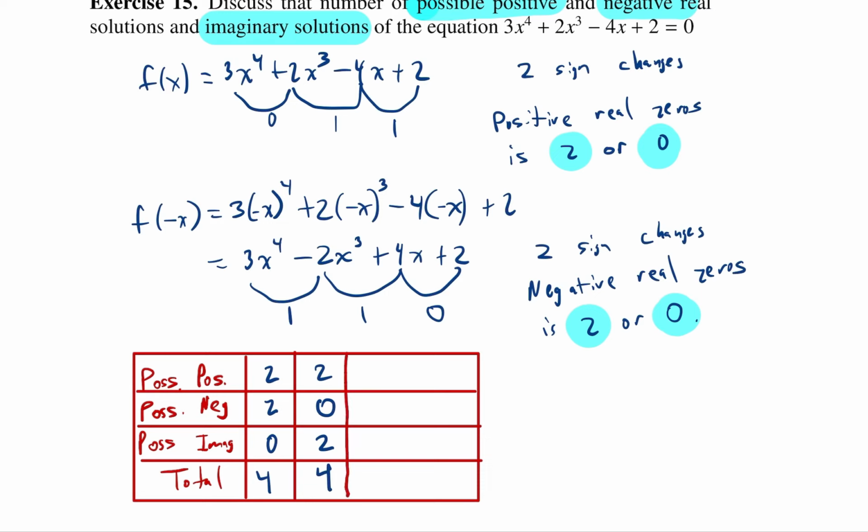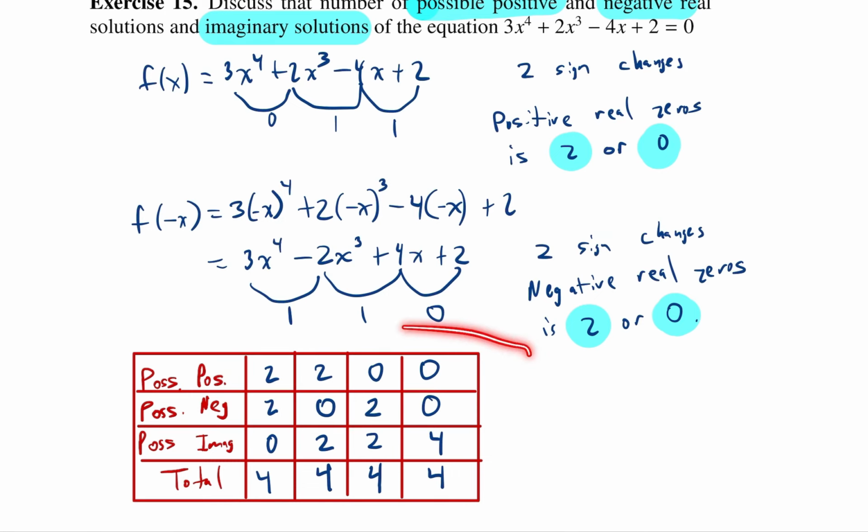And then the other possibility is that there are 0 positive zeros, and that means maybe 2 negative. And that would mean that there would have to be 2 imaginary in order for it to total up to 4. And then the last case would be if there are 0 positive, 0 negative, which is possible, which means there would have to be 4 imaginary solutions in order for the total to be 4.